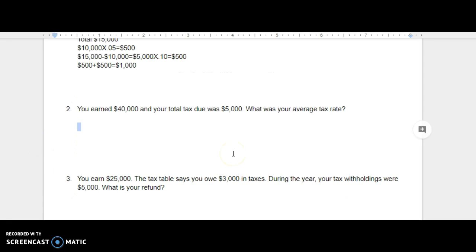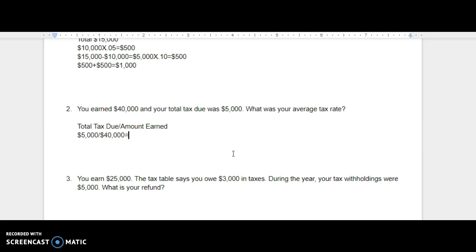All right, let's take a look at number 2. It says you earned $40,000 and your total tax due was $5,000. What is your average tax rate? So what we're going to do is take your total tax due and divide it by the amount you actually earned. So let's take a look here. Total tax due is $5,000 and we're going to divide it by the $40,000 that you earned.